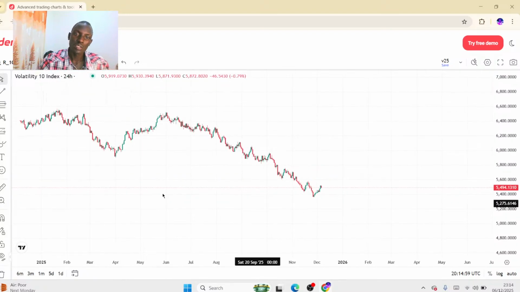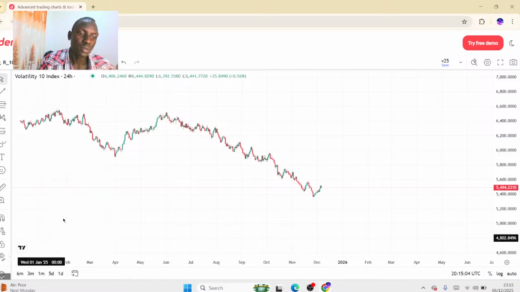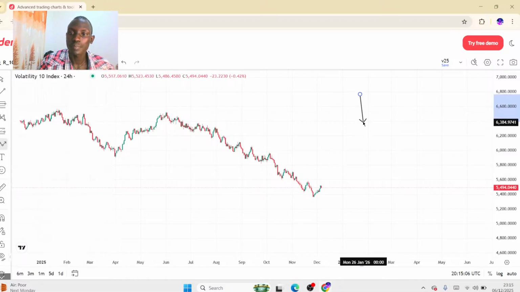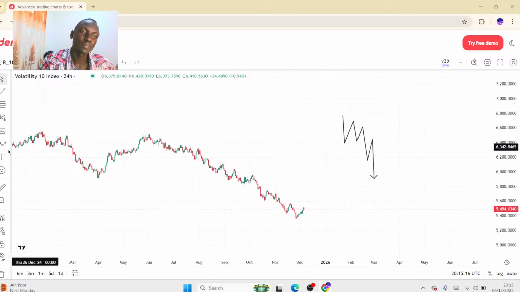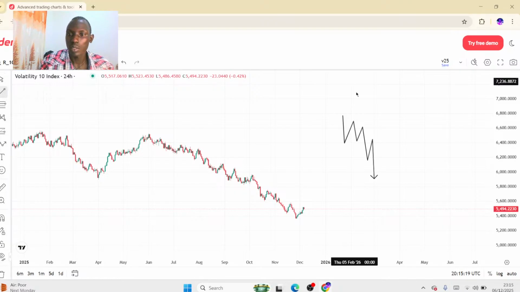Now, what do we look for in such a trend? In such a trend, we look for sales. If you are to draw our trend line, it's going to be like this.